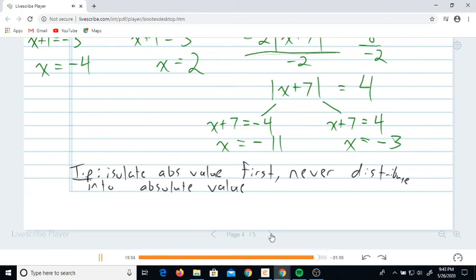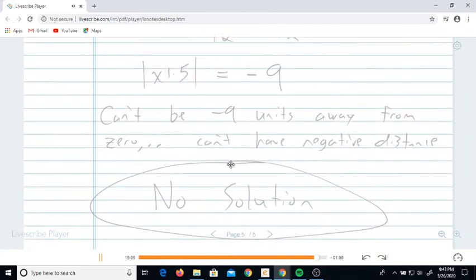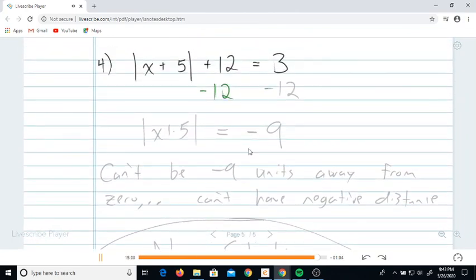So one last problem, number 4. We want to go ahead and isolate. We can do that by subtracting 12 from both sides and get absolute value of x plus 5 equals negative 9. So this expression, x plus 5, is negative 9 units from 0. Well, that's impossible.